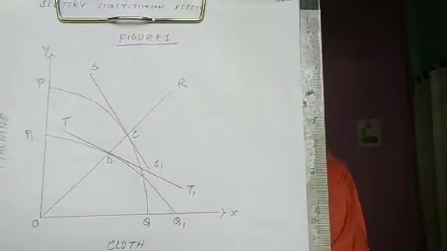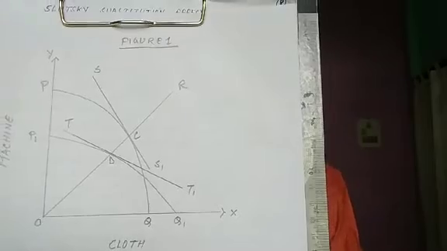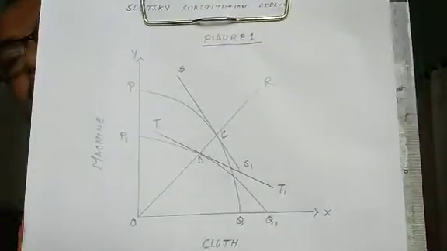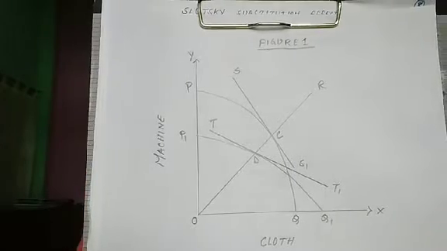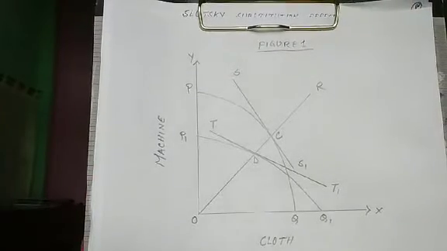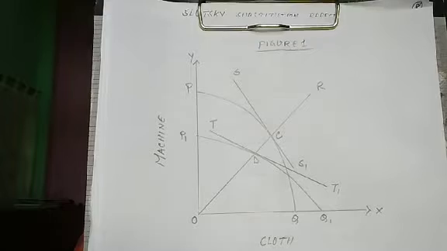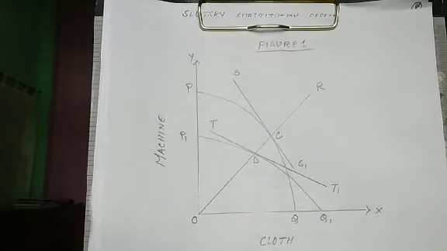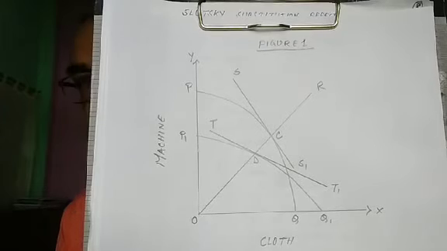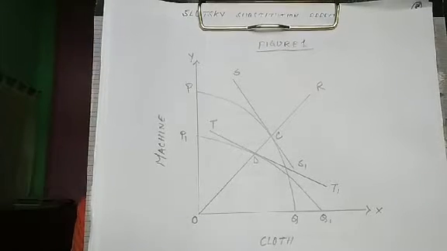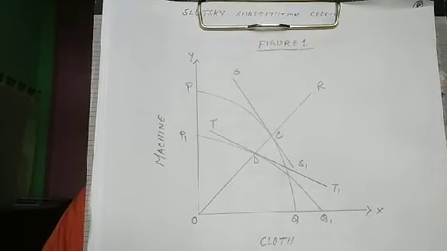Figure 1 is the diagram where we have shown a diagrammatical representation of the physical criterion that is used by Heckscher and Ohlin to measure the factor abundance in a particular economy.